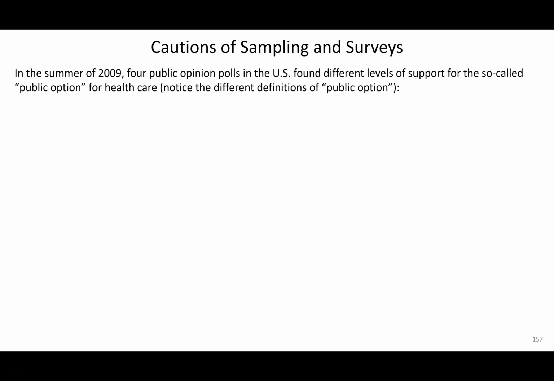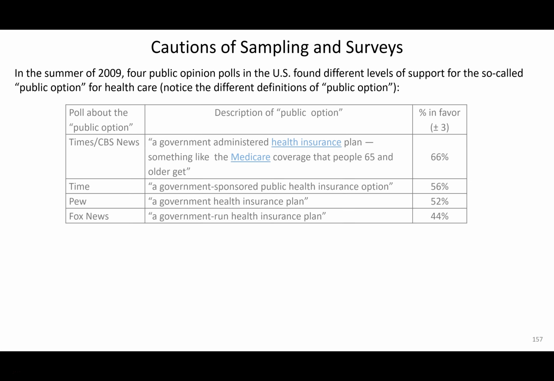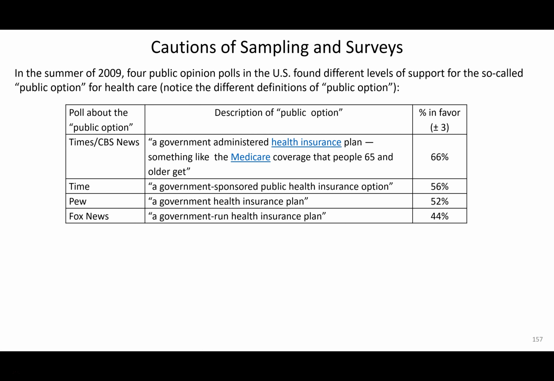A couple more. We have a public opinion poll from 2009. There were four different polls in the U.S. about the public health option. I think nowadays they'd probably call it Medicare for all. CBS asked, do you approve of this public health plan, defining it as a government-administered health insurance plan, something like the Medicare coverage that older folks get.